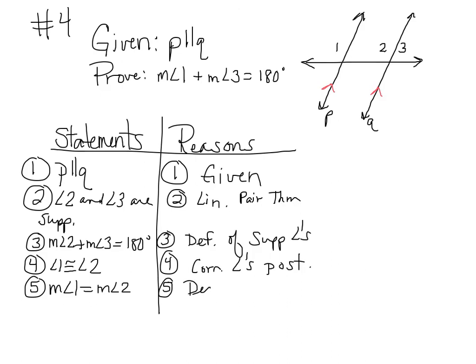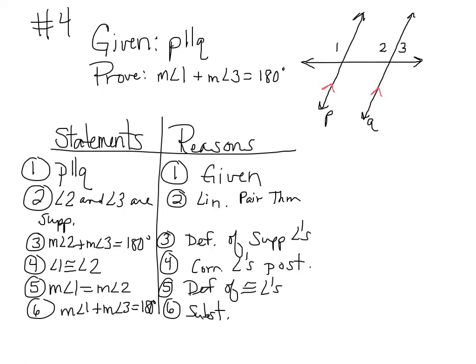Because of the definition of congruent angles. Now, we have said angle 1 is equal to angle 2, or angle 2 is equal to angle 1, same thing. So if the measure of angle 2 equals the measure of angle 1, and here's the measure of angle 2, by substitution, I can plug in the measure of angle 1 plus the measure of angle 3 equals 180 degrees, and we said it was because of substitution.